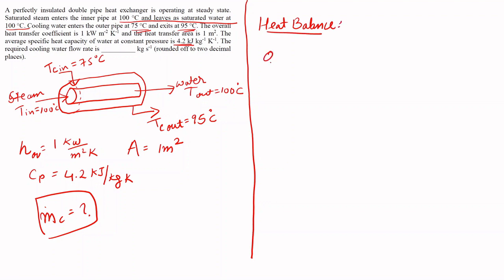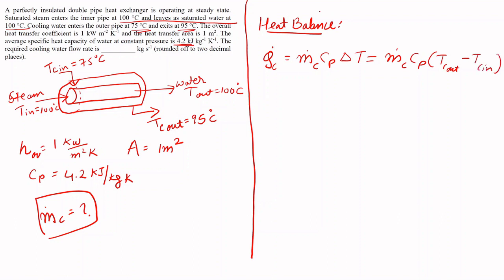The total heat change across my coolant I can write as m dot Cp delta T. M dot C is my mass flow rate of the coolant, Cp we have been given, and this is my delta T. In this case, the delta T will be the change in the temperature of my coolant, that is 95 minus 75, which we will write as Tc outlet minus Tc inlet.